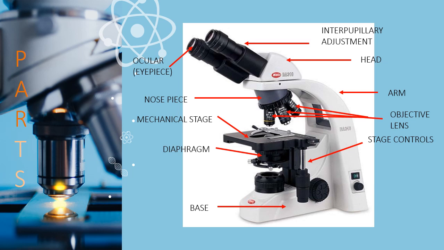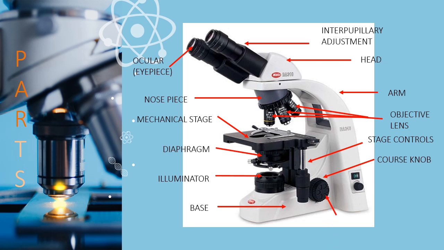It is located under the stage and can be adjusted to vary the intensity and size of the cone of light projected through the slides. This is the illuminator, a steady light source that shines up through the slide. This is the coarse knob to bring the specimen into focus.